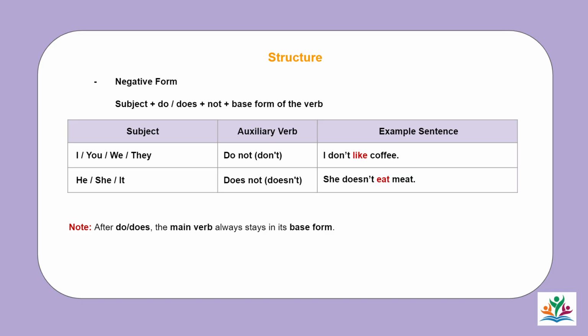For example, I don't like coffee. I doesn't like coffee seems incorrect because doesn't is used with the subjects he, she, and it. For example, she doesn't eat meat. Alright? As a note, always remember after do or does, the main verb always stays in its base form. So we don't need to add an s or an es at the end of the verb.